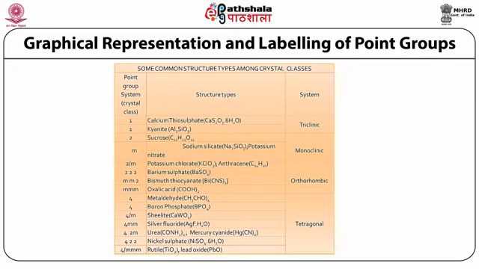Then sucrose, C12H22O11, which has point group system or crystal class 2, corresponds to the monoclinic system. In the same system, we have another type of structure known as sodium silicate Na2SiO3 and also potassium nitrate, which has the point group system m, also falls under the monoclinic system.